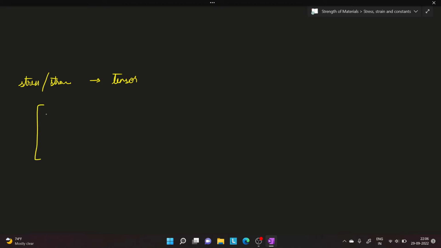For the stress tensor, for a 3D diagram or a 3D block, let me draw a simple block here. Let me consider this as X, this as Y, and this as Z direction. Here in the XY plane, firstly we are going to have some direct stresses, which is sigma xx, and also some shear.